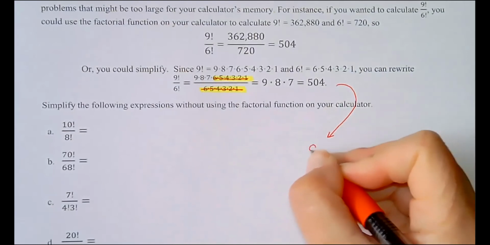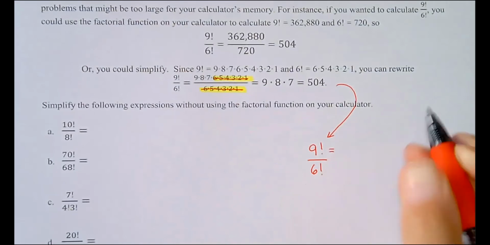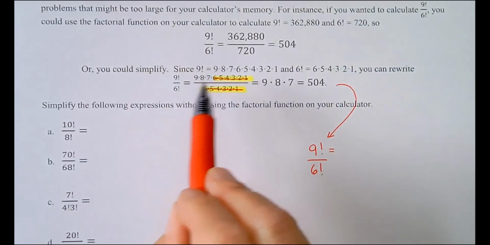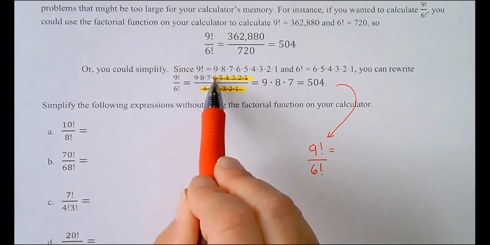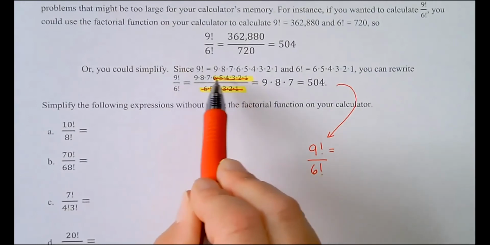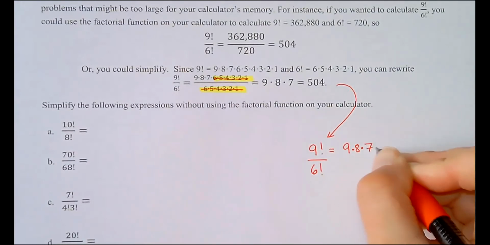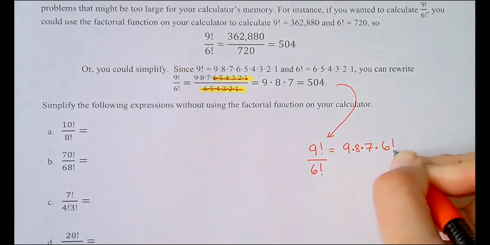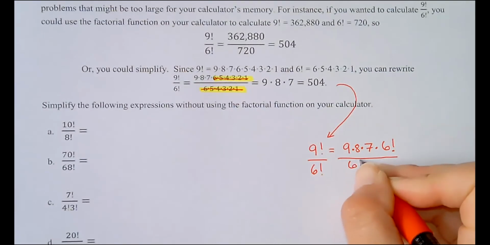Now, when I do a problem like this, I'm going to take 9 factorial and break it down like they did, but I'm going to stop at 6 factorial because this right here is just 6 factorial. I don't need to write it out. So I'm going to go 9 times 8 times 7 times 6 factorial over 6 factorial.